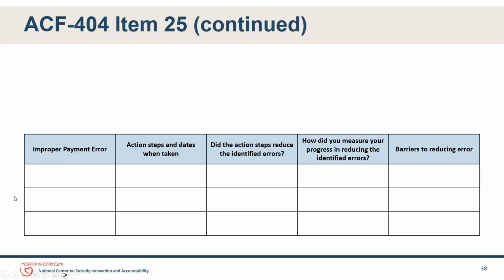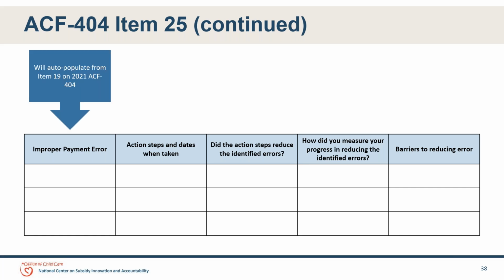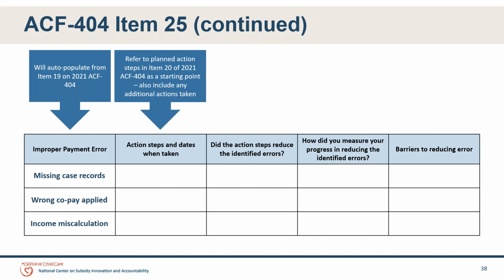All right, so I wanted to show you that. I'm going to take you back into the OLDC in just a moment, but I wanted to show more of an example here of what you're expected to enter here. Again, this should auto-populate. The next column, think about what action steps were planned.